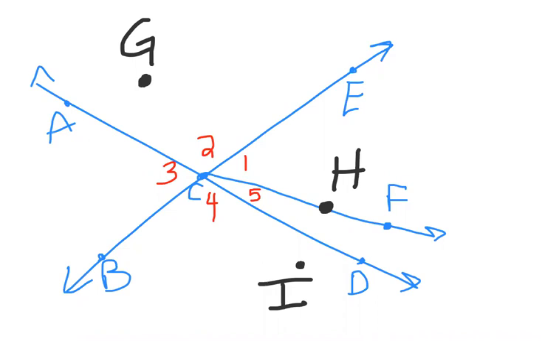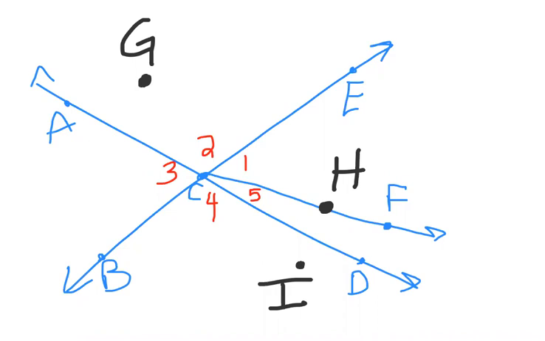You got it. Ryan, let's do this. How about H is on angle 5? True or false? True. Yes, it absolutely is. Okay. Michael, you're next. Point I is on the exterior of angle 3. True or false?